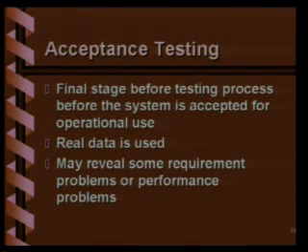What is acceptance testing? This is the final stage before the testing process is over, before the system is accepted for operational use. It is tested with real data, and may reveal some requirements problems or performance problems. So at this point of time, if some problems are diagnosed, it is very difficult to change, right?